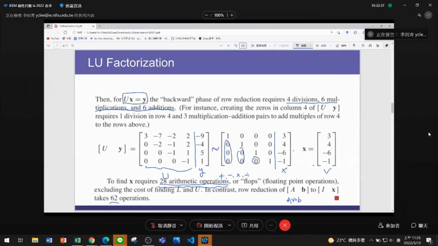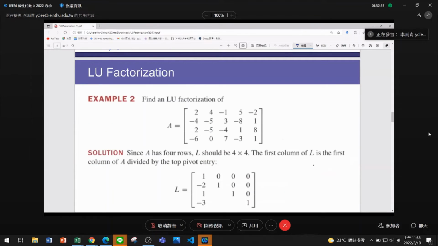The unnecessary multiplications and additions do not need to be repeated in the two-stage linear system, so we can save a lot of arithmetic operations: addition, subtraction, multiplication, division and so on. Okay, so now we're back to another key issue: how do I find the L matrix and U matrix, even though I know I can use them to solve two-stage linear systems?